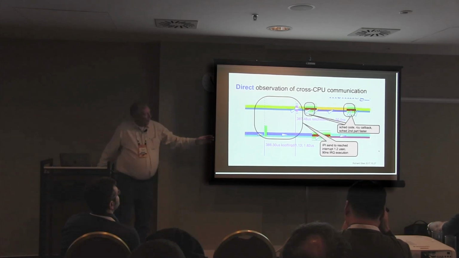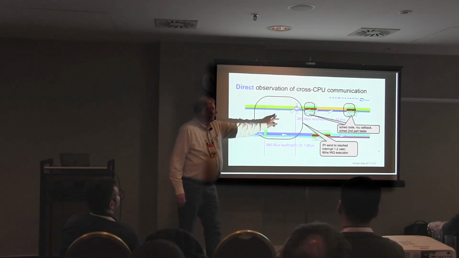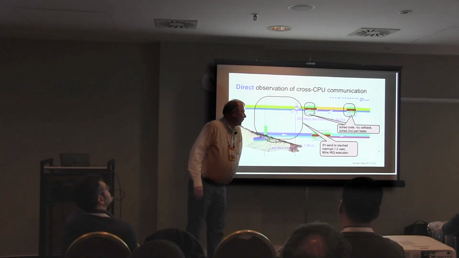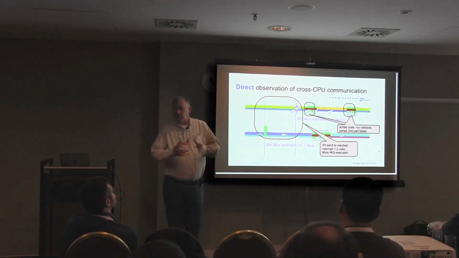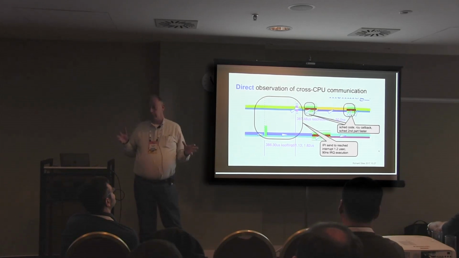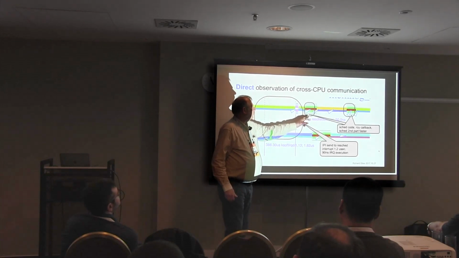So here's an example of one thread waking up another thread. This is sending the IPI interrupt to the other processor saying, go look at your scheduler queues, there might be something for you. This is the interrupt delivered 1.82 microseconds later. The rest of that time is through the hardware. The interrupt delivered runs the scheduler after a little bit.